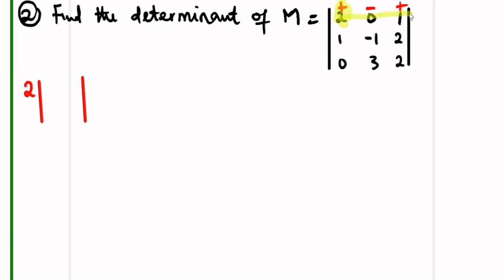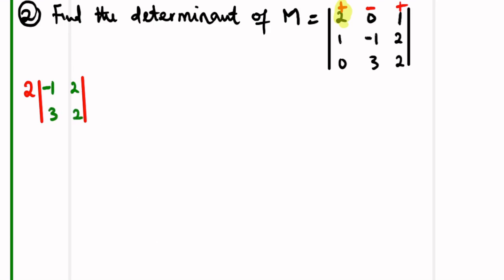So removing the row and the column associated with the number 2, now we are left with minus 1, 2, 3, and 2. So now let's fill this element in the 2 by 2 matrix we are forming for the number 2. So we have minus 1, 2, 3, and 2.